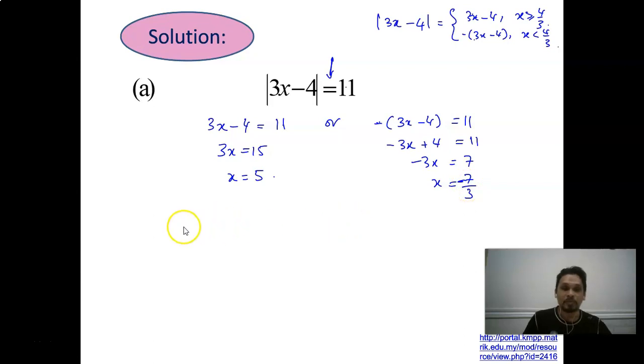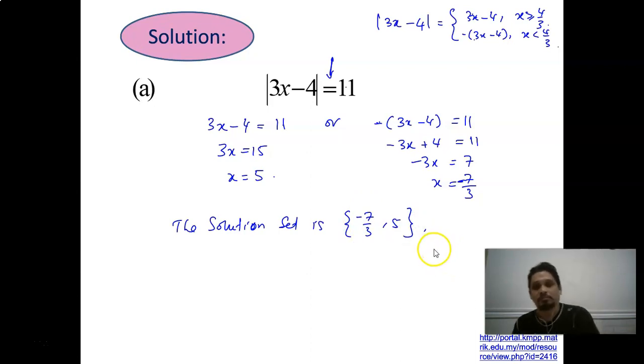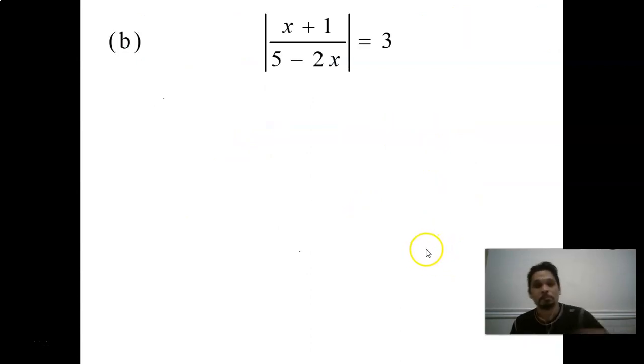So then the solution set is negative 7 over 3 and 5. Now again, just imagine that these two have one definition, one is positive and one is negative, so the negative we bring up to the 3 here.